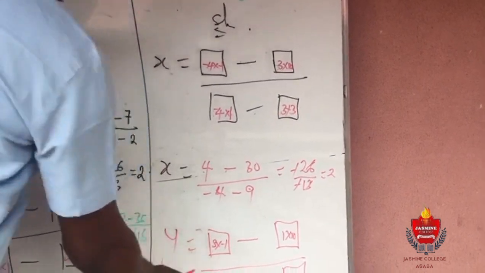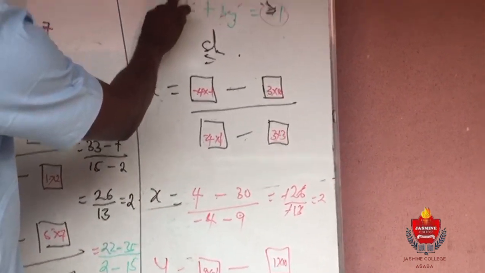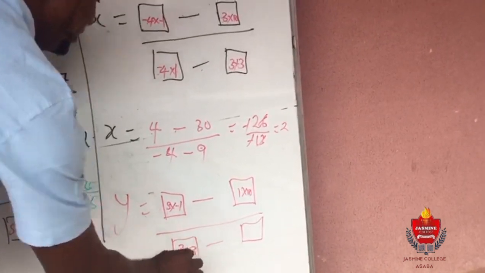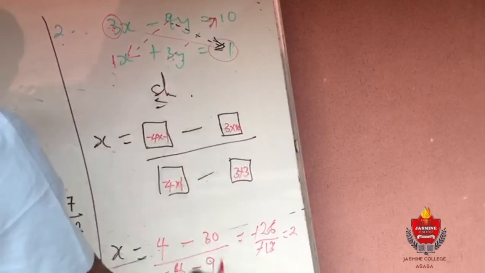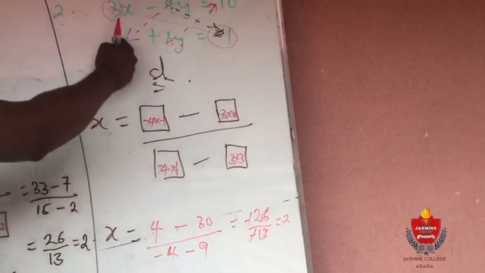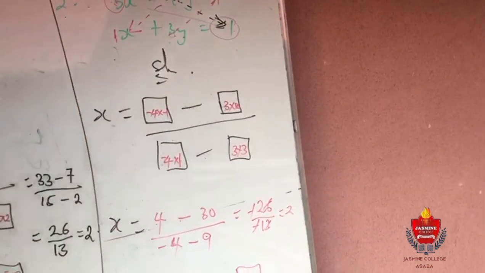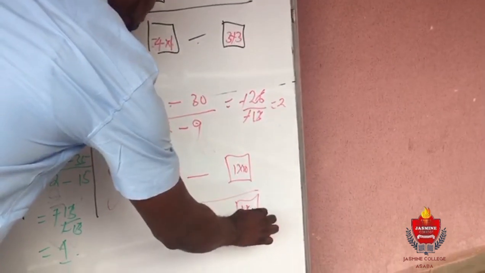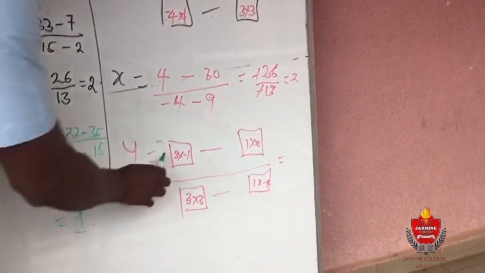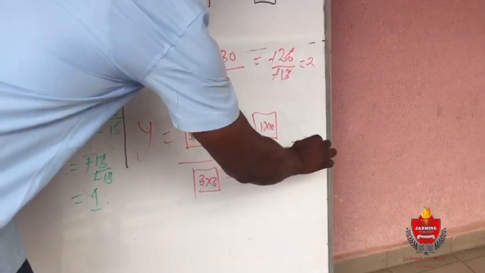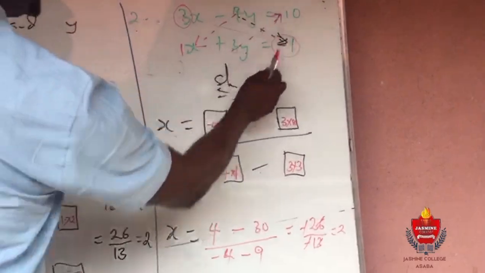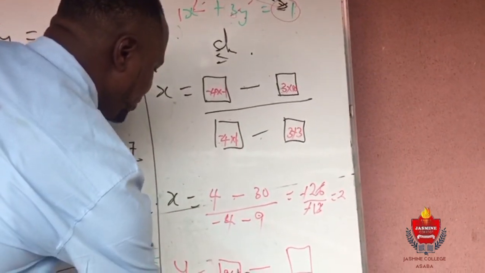And then for box 3, we go all the way from here to here. So we go 3 multiplied by 3. And box 4 will be accommodating the product of the coefficient of x, which is 1, by the coefficient of y, minus 4. So inside here we have 1 multiplied by minus 4.